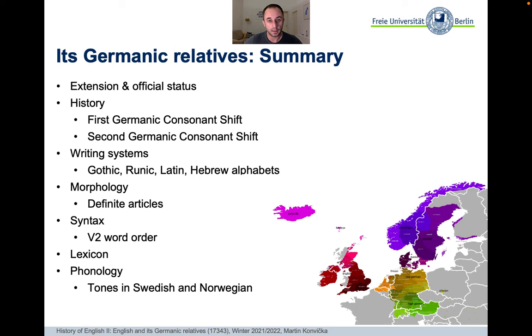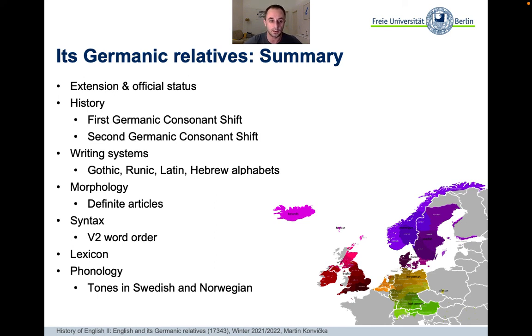So now we're on the summary slide. So we went through some of the things that distinguish Germanic languages from each other, but also from other non-Germanic languages. We have definitely not covered everything.